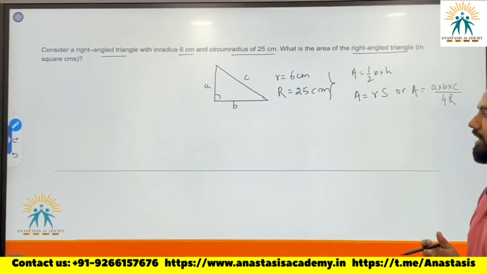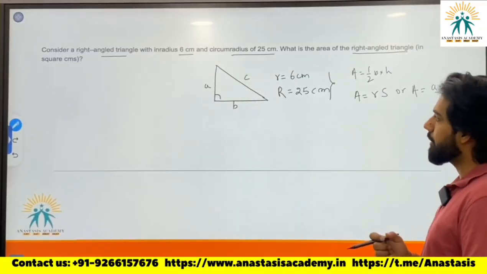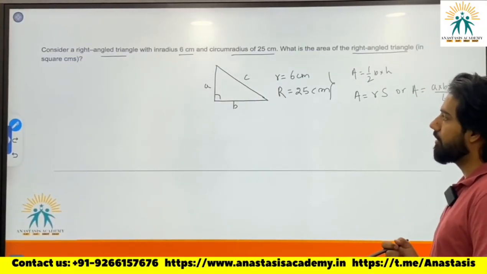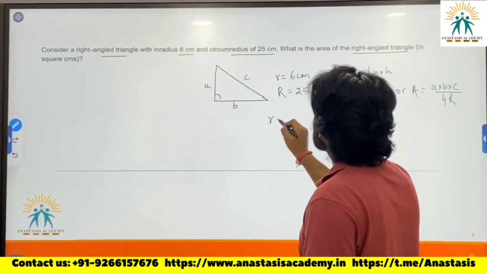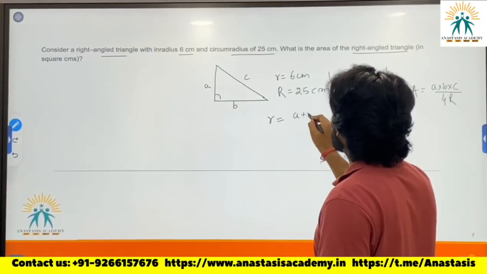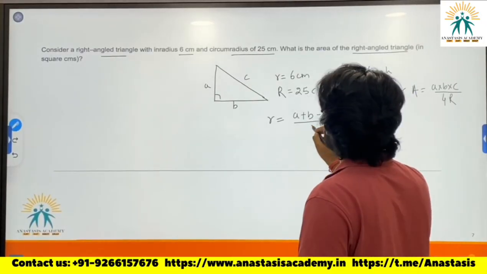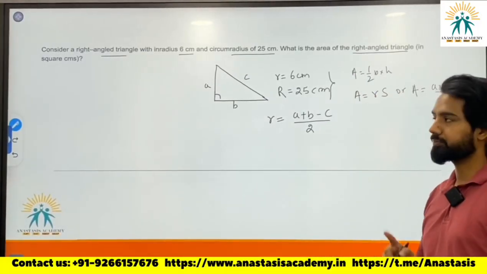But for a right angle triangle, there is one property involving all the sides and inradius, that is, the inradius for a right angle triangle is equal to (A plus B minus C) divided by 2.